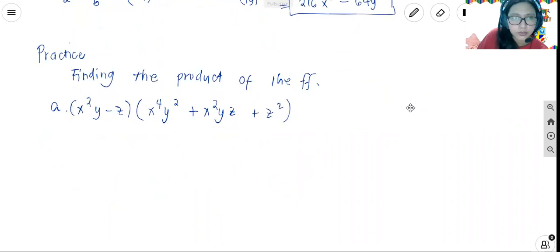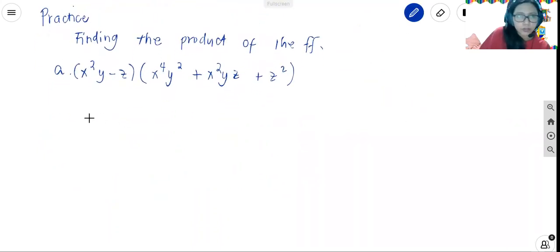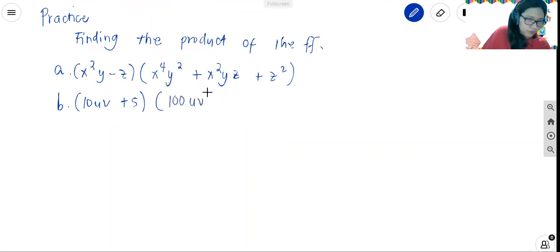Okay. And for B, the second one would be (10uv plus s) times (100 u squared v squared minus 10uvs plus s squared).